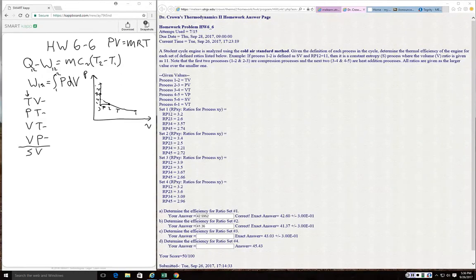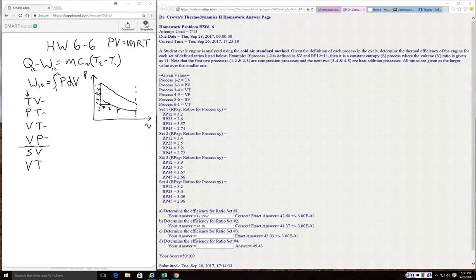So it's an isentropic process, so it's going to be a little steeper than the constant temperature line, and we know that we're going all the way back to the volume of the original state. So we stop when we get to the same volume. And then the final process is a constant volume process, and the temperature ratio is given.